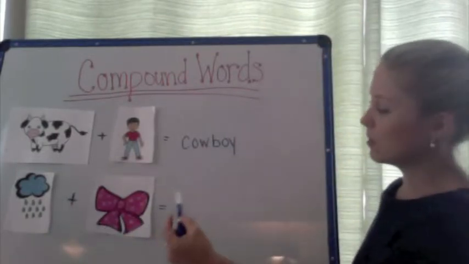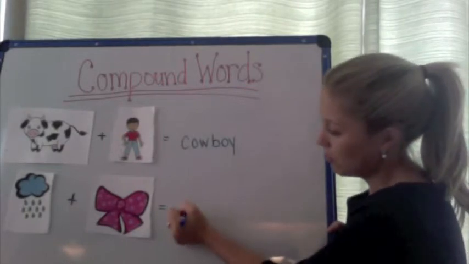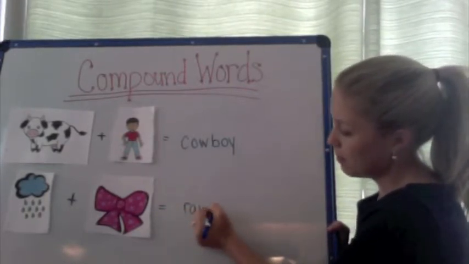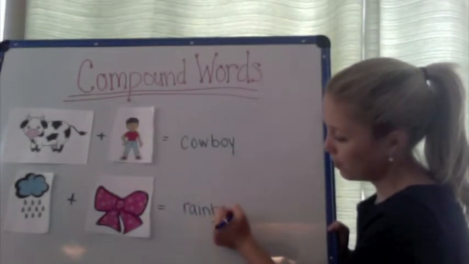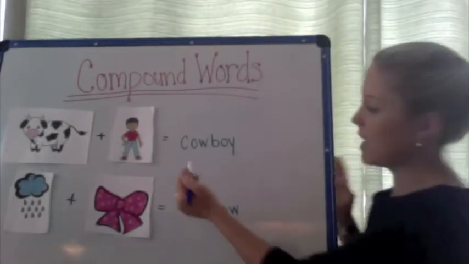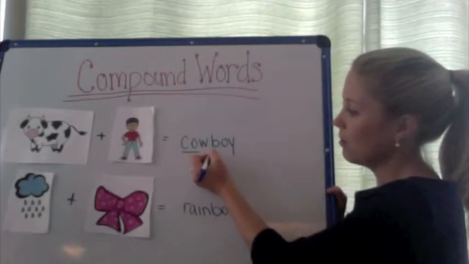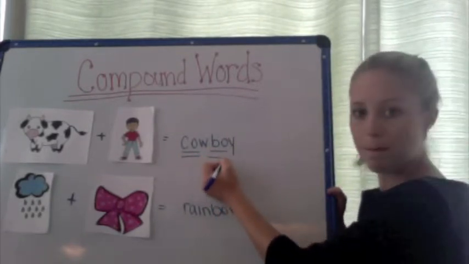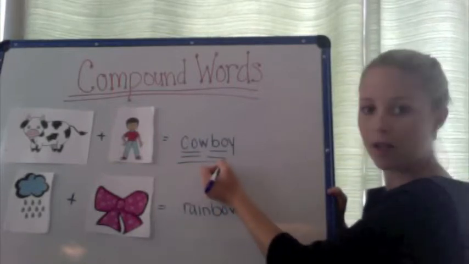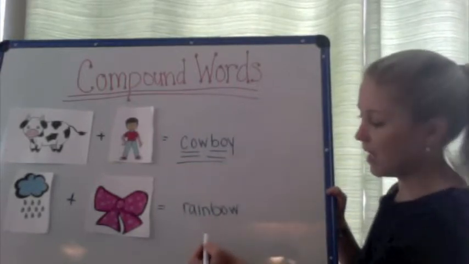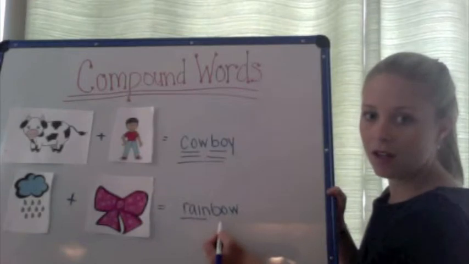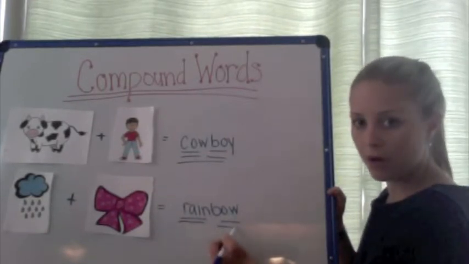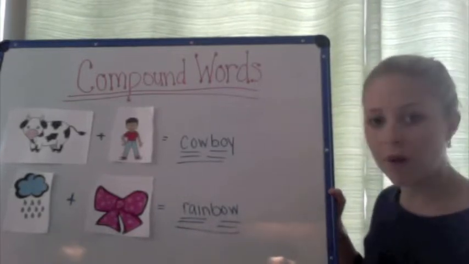Rainbow. Okay? So we have cow, boy, cowboy. We have rain, bow, rainbow.